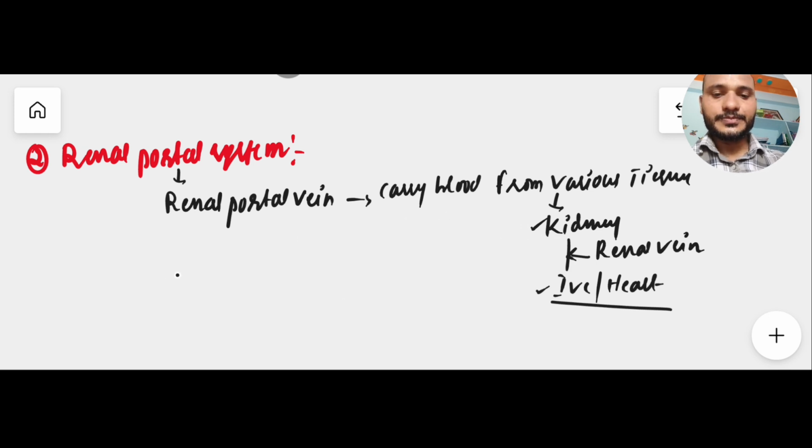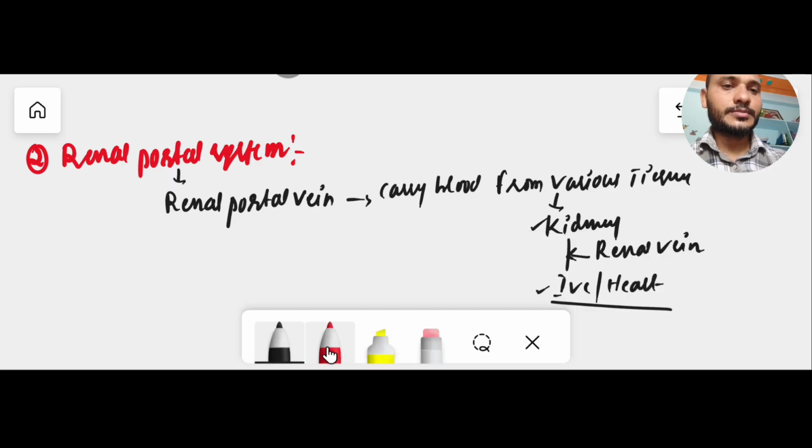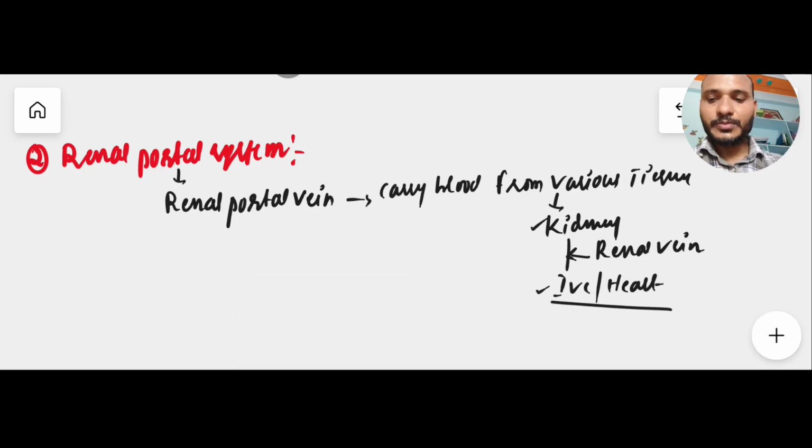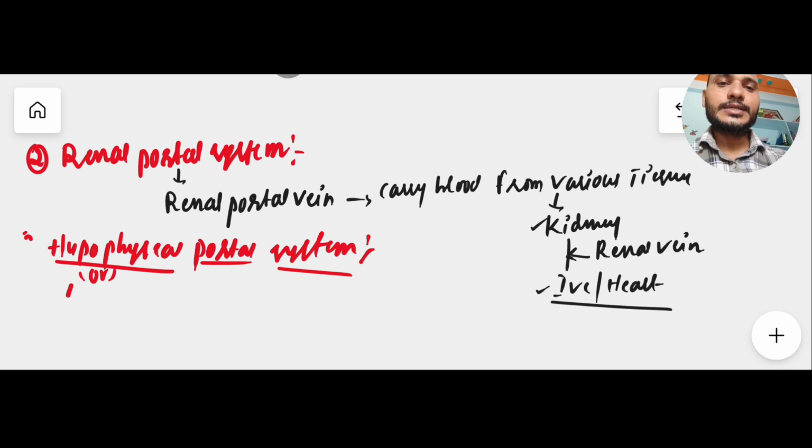And then the third and most important portal system is the hypophyseal portal system. Hypophysis here means the anterior pituitary gland.